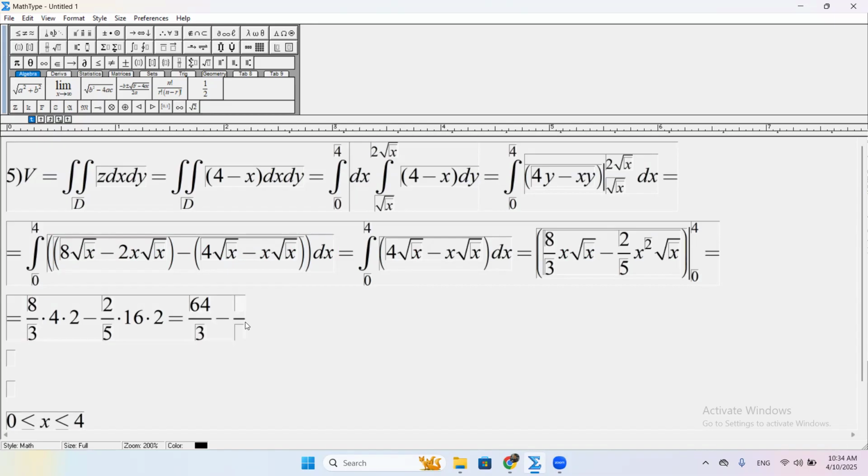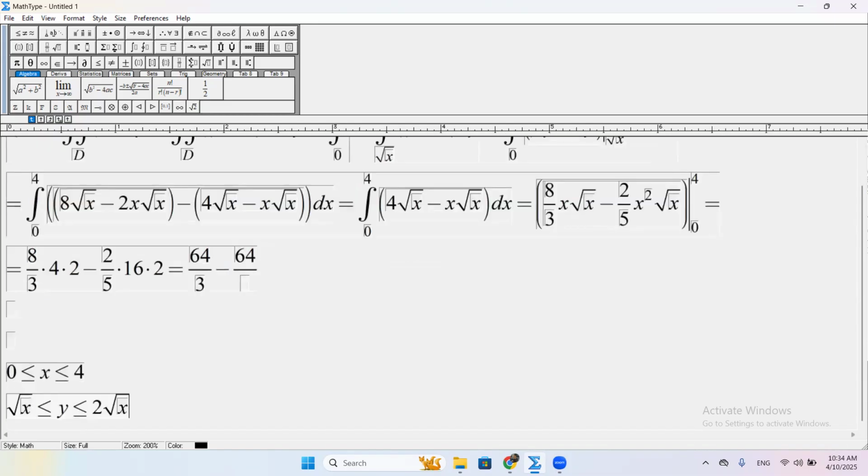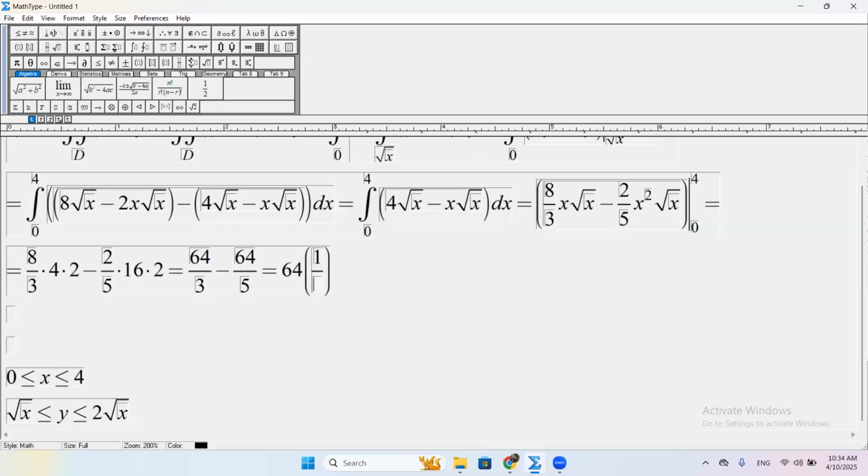Okay. So let's move 64 out of brackets for now. So 1 over 3 minus 1 over 5. So 5 over 15 minus 3 over 15. So it will be equal to 128 over 15.